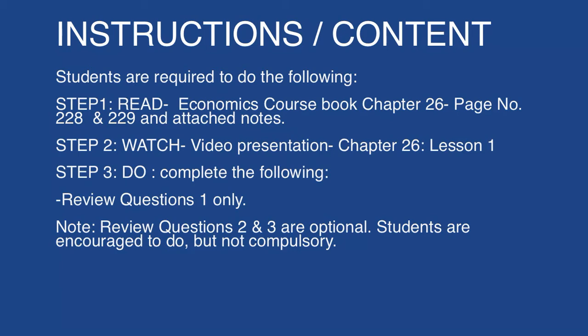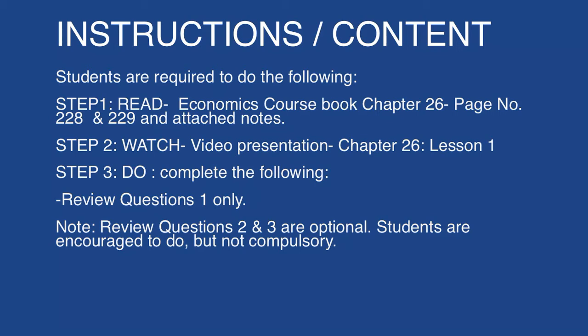Instructions for students. Students are required to do the following: read, watch and do. Read the Econ course book, pages 228 and 229 only, as well as the attached notes. Step 2, watch the lesson 1 video presentation, and complete the following question: review question 1 only.